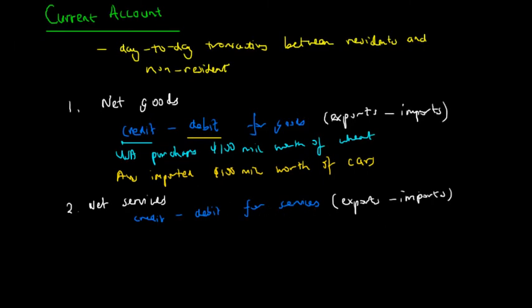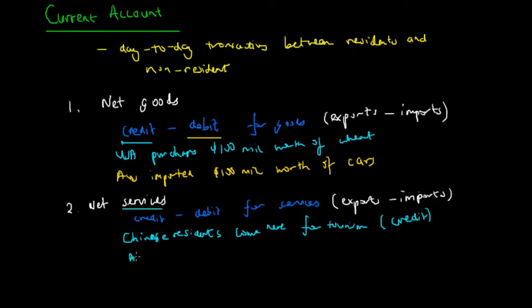So for example, say Chinese residents, who are non-residents to Australia, come here for tourism. And to do that, they purchase, say, merchandise, or they purchase flights from Qantas, and this is represented as a credit in the net services account.